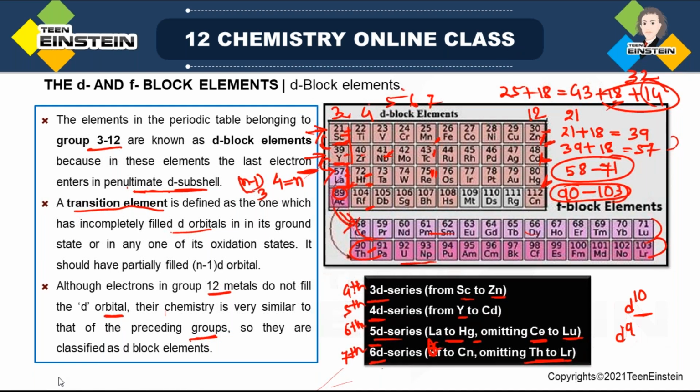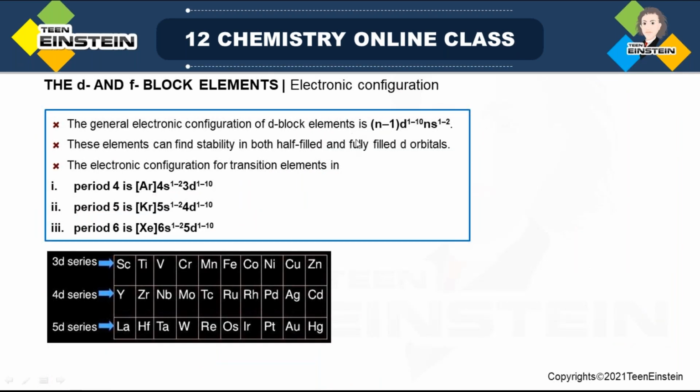After the d block, now we will see the electronic configuration. General electronic configuration for d block elements: (n-1)d to the power 1 up to 10, that means gradual filling of the electron, and ns1 to 2.